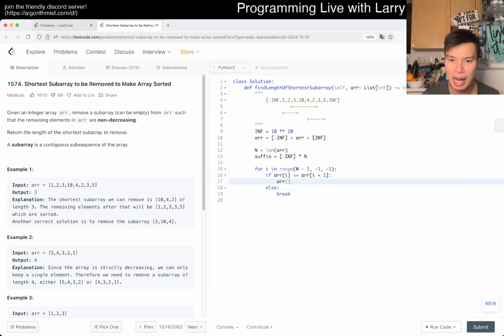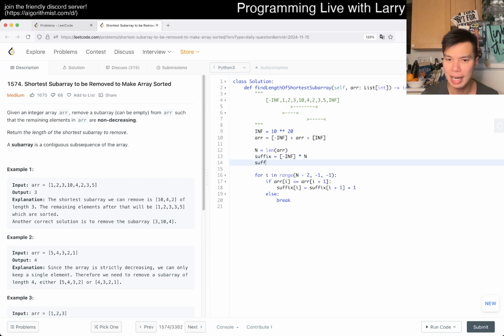So suffix sub i is equal to suffix sub i plus 1, plus 1. Of course, we want to set the last element, n minus 1, equal to 0. Maybe equal to 1. I guess it's equal to 1, because you want it to include itself. So now these are the longest non-decreasing streak from the reverse.